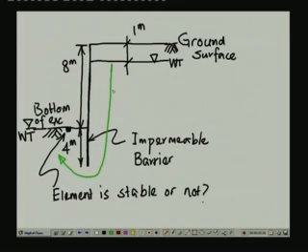So the minimum flow path is going to be, in this case, 8 meters minus 1 meter, that is the distance from here to here, and then the flow path has to find its way around the impermeable boundary.